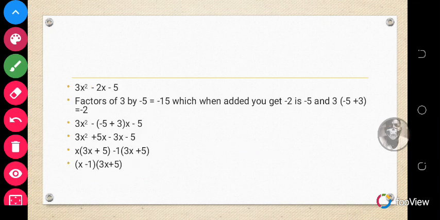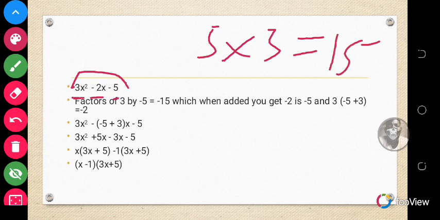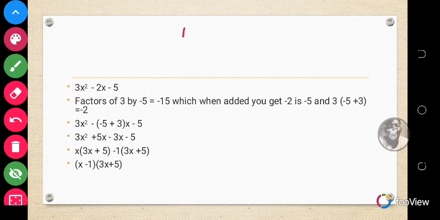So let's look at the last example. We have 3x squared minus 2x minus 5. Because there's a number here, we are going to multiply these two numbers, 5 times 3, which is 15.